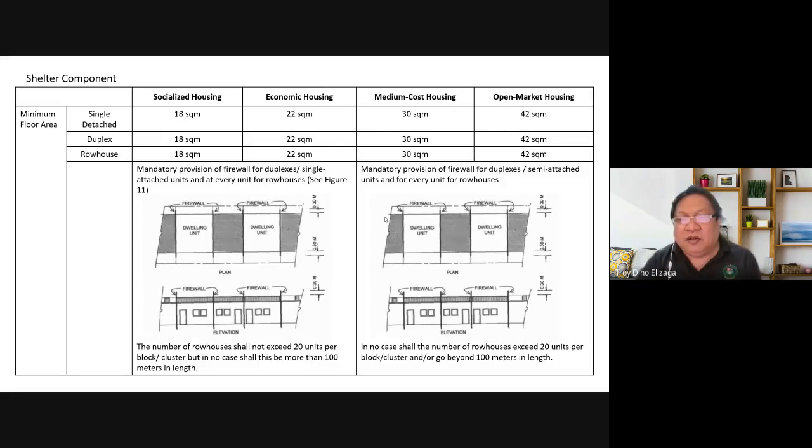Now, in a row house, you cannot avoid it because you really have the firewall on both sides. So this is like the row house that you see here. And then there are regulations on how far the firewall extends along the walls and on top of the roof. So it's 30 centimeters.